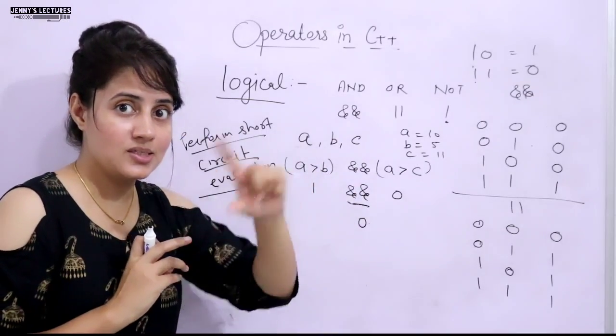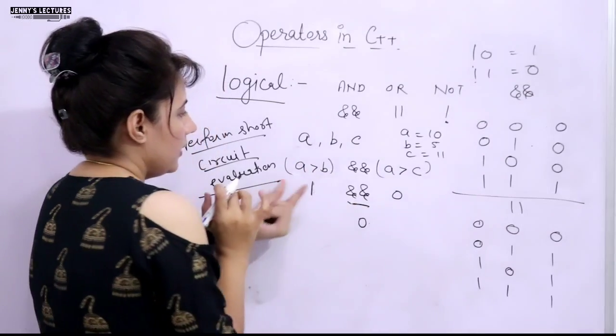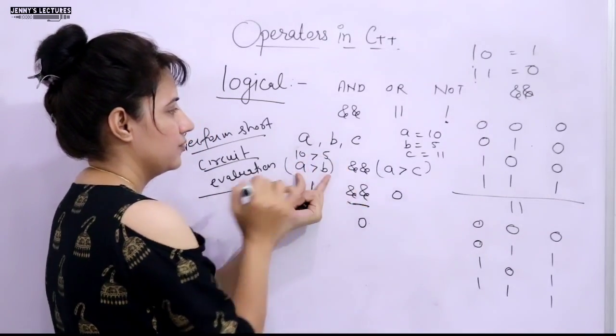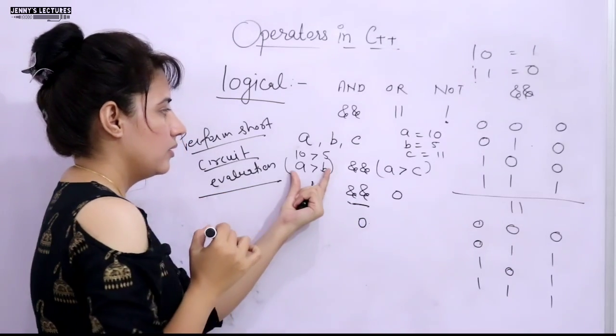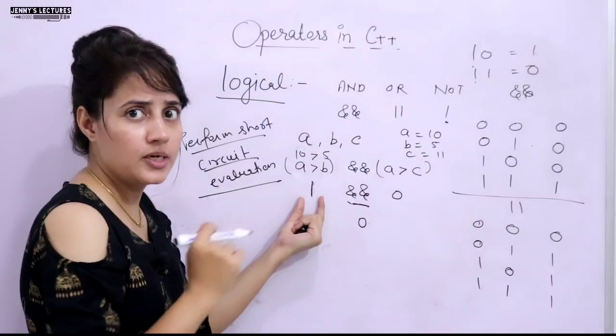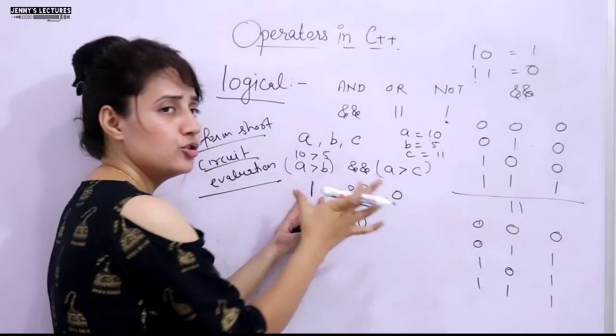Now what does this line mean? Here, A greater than B means 10 greater than 5, right? Yes, it is true. But after evaluating only the first operand, we cannot say what the result will be, because for logical AND both should be 1.